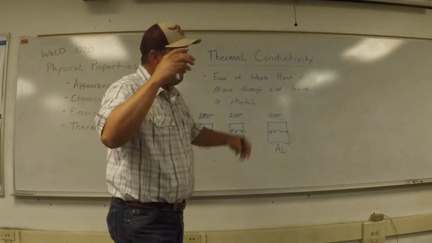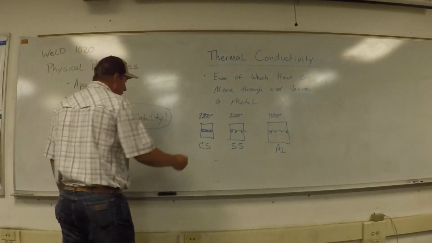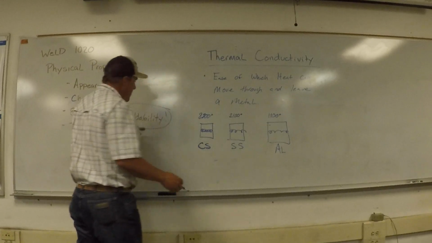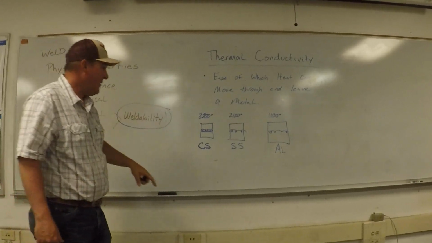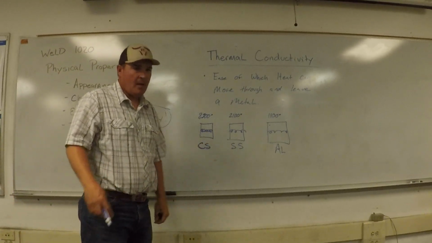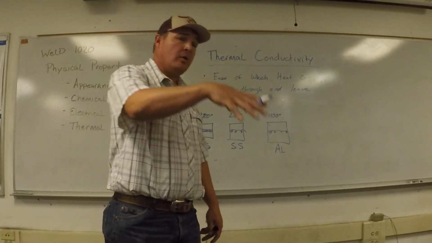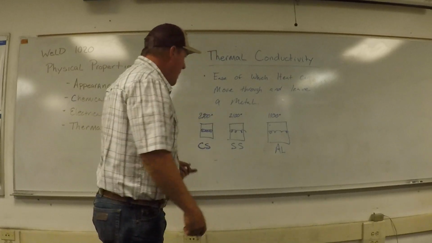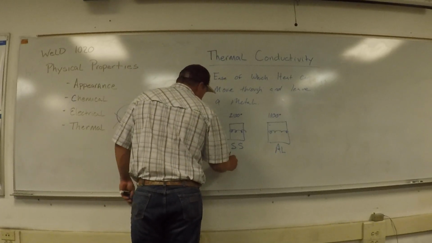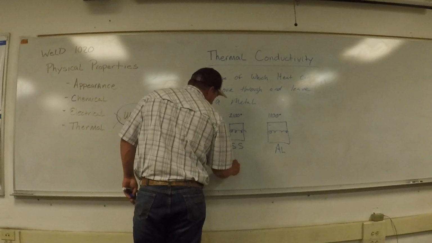So, what are some things we do as welders? Carbon steel, don't have a lot of problems with thermal conductivity. Stainless steel. Well, I don't want to get real deep with this class because you guys don't have a lot of welding experience your first term, but sometimes it boils down to the welding process you're using, right?